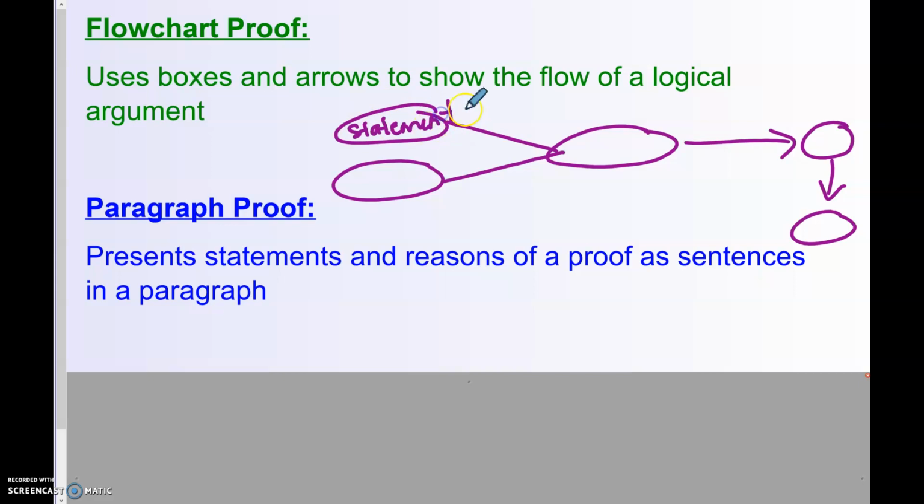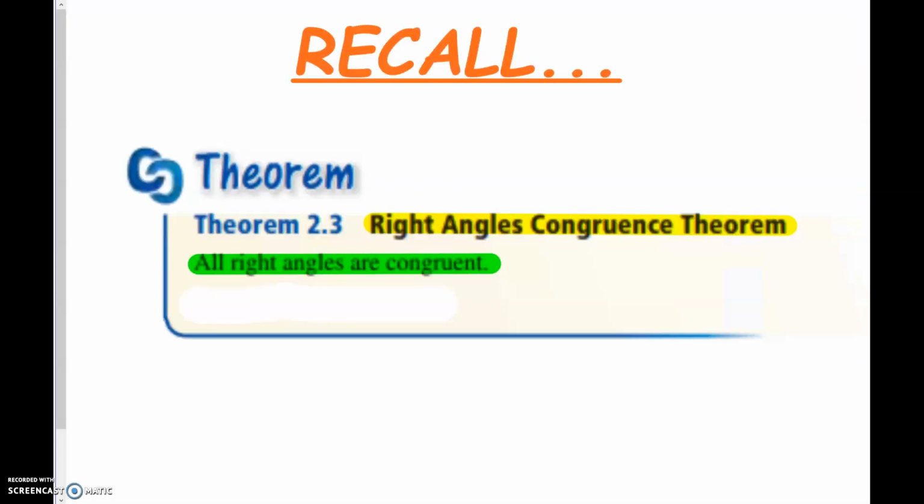And then your reason goes right outside the bubble. A paragraph proof is just you writing the proof using sentences. So it just kind of runs on from one to the other. It's not one column and then the next. So we're just going to run through some different examples of those proofs here.